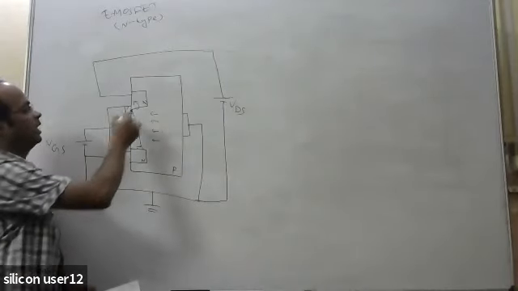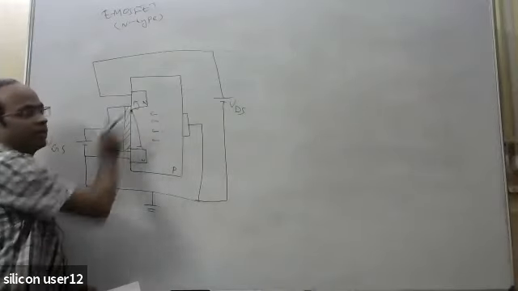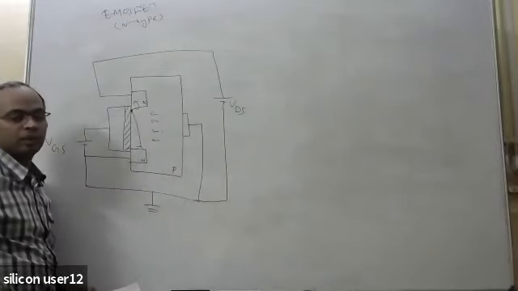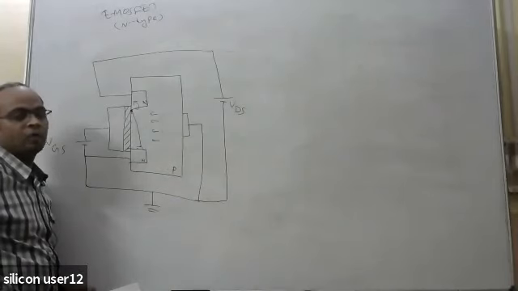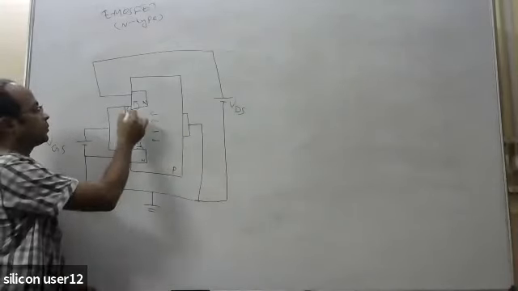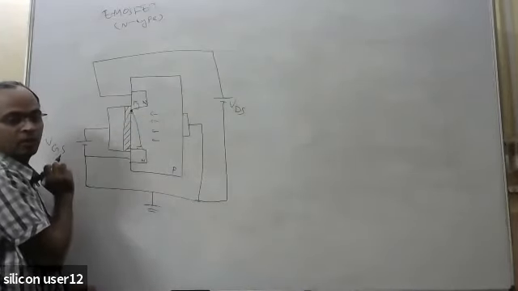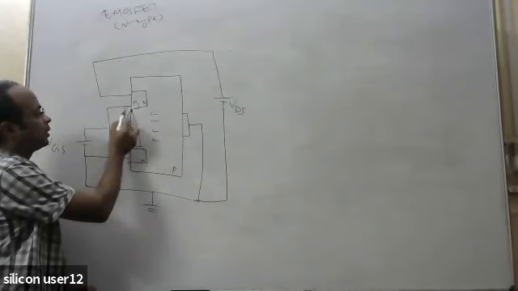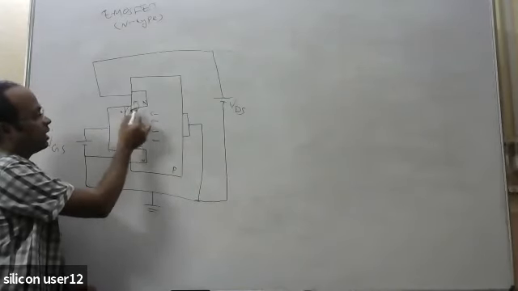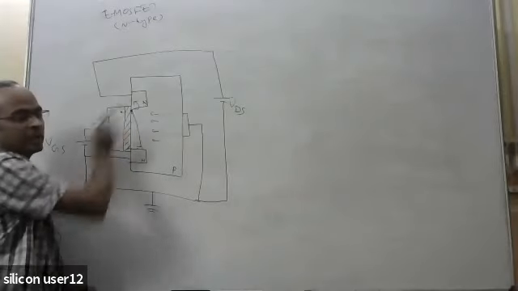Now gradually, at a particular voltage, the thickness of this channel will be equal to 0. How will we find out that voltage? For channel creation you need the threshold voltage. The difference between this portion and this portion should be more than VTH for the channel to exist.